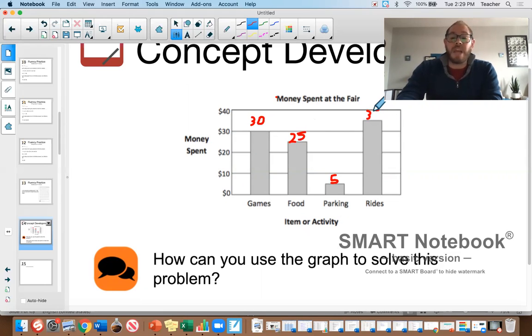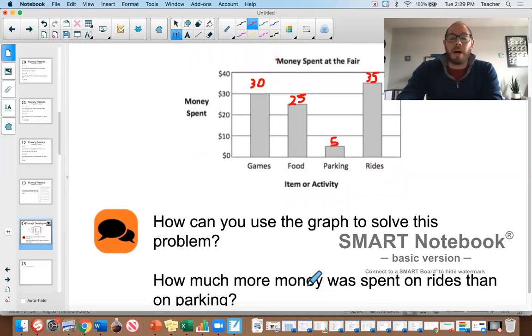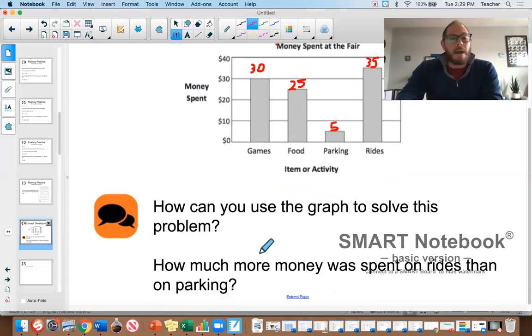So now I know that I'm using this bar graph to answer a problem. And the problem says, how much more money was spent on rides than on parking? I'm going to look for some action words here. What action words can you find? I see how much more and than.